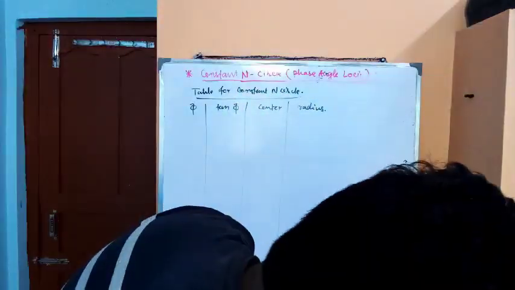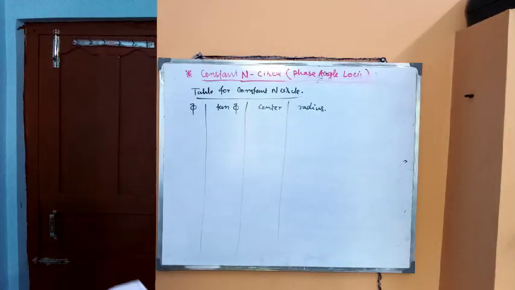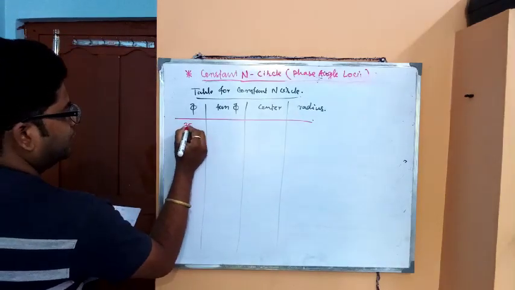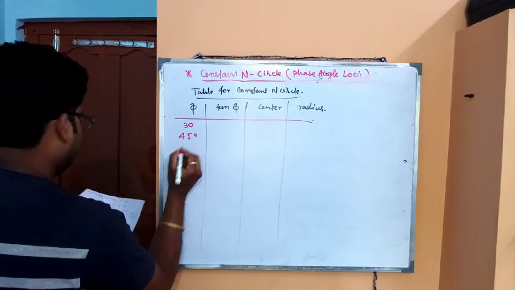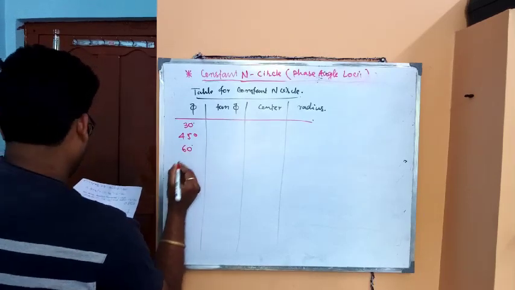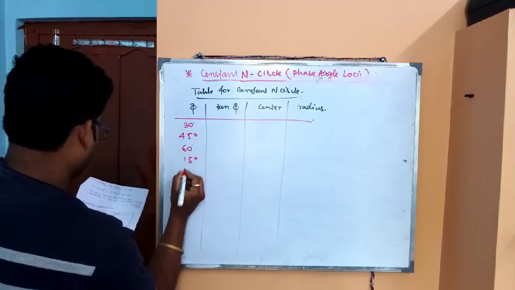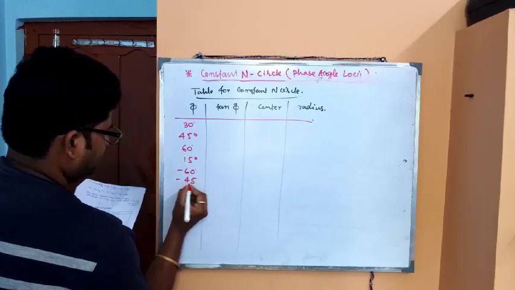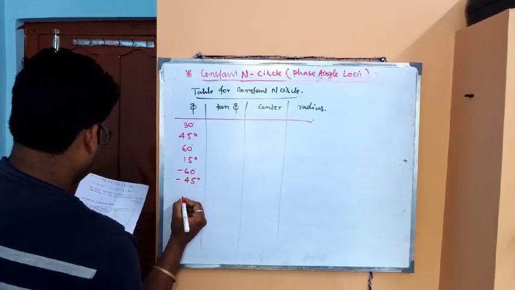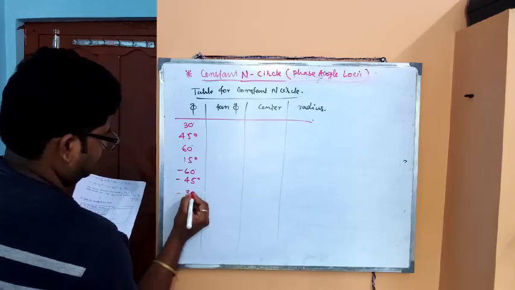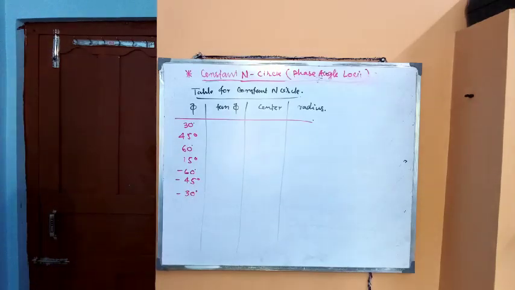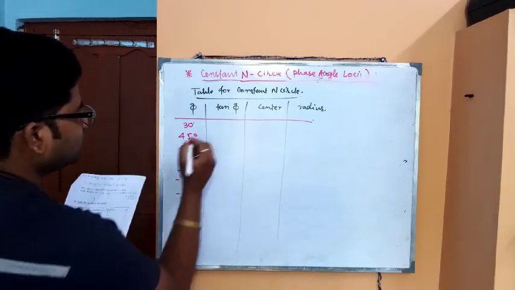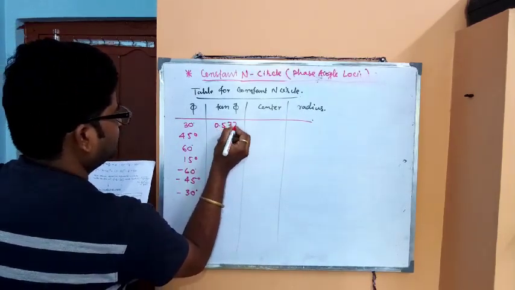So we are considering different values of phi. First phi we are considering 30 degree, then 45 degree, then 60 degree, then 15 degree, then minus 60 degree, then minus 45 degree, then minus 30 degree. Okay. So with respect to this, the tan of phi we got 0.577.